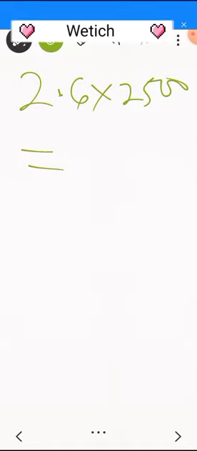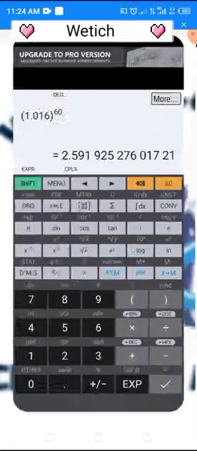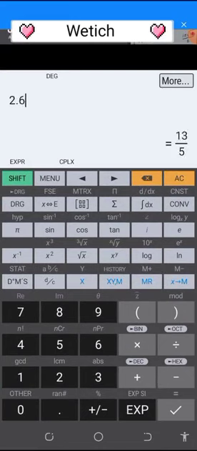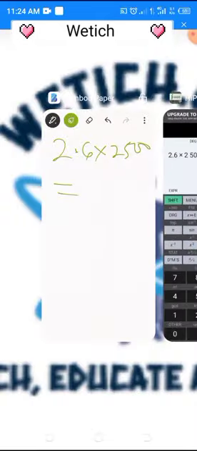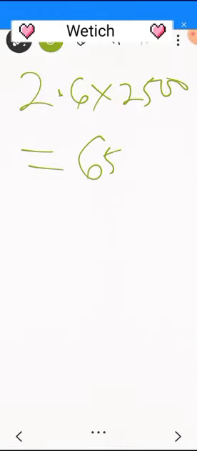Let's visit our calculator. We have 6,500. So 20% compounded monthly for the next 5 years would give us 6,500 to pay. So that is it for monthly, guys. Thanks for watching.